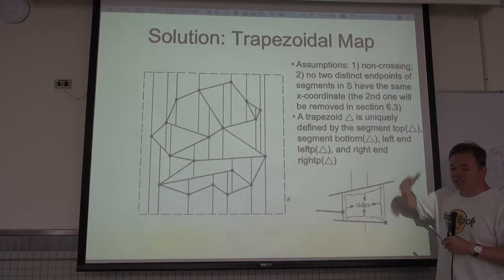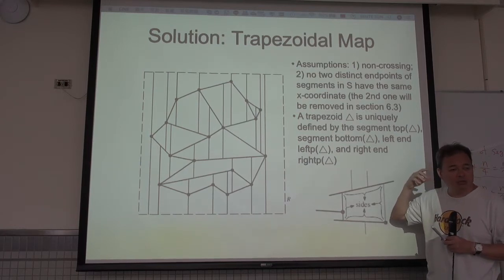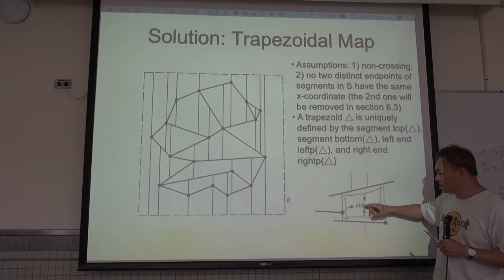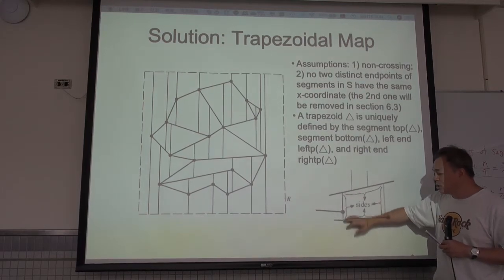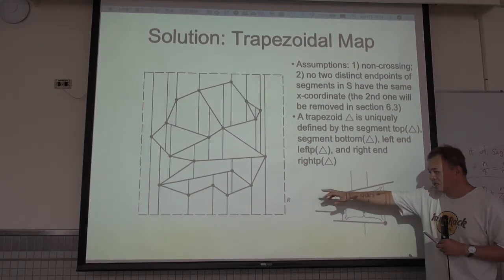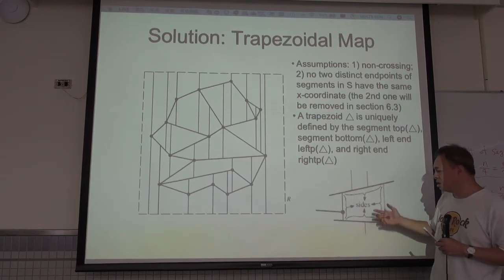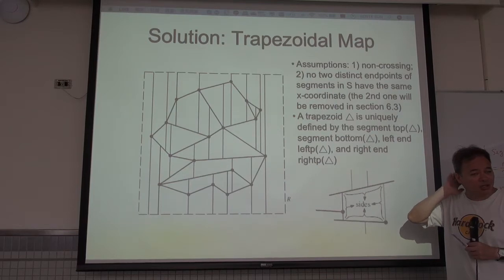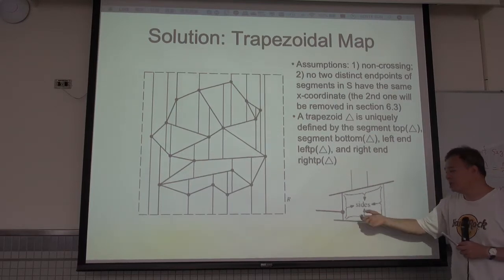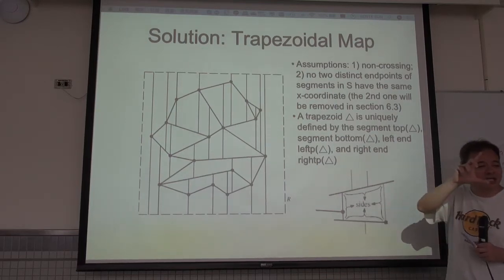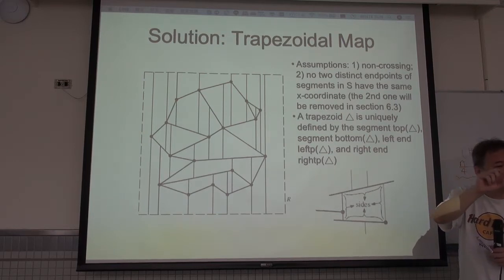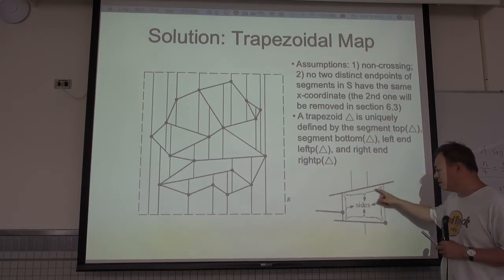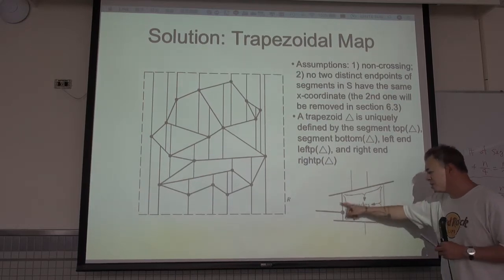Let's take a closer look at a trapezoid here. This is one of the trapezoids. When we talk about a trapezoid in this figure, it always has four sides. Of course, if it's a triangle, one of the sides is shrinking into a point, but basically you could consider there are four sides.